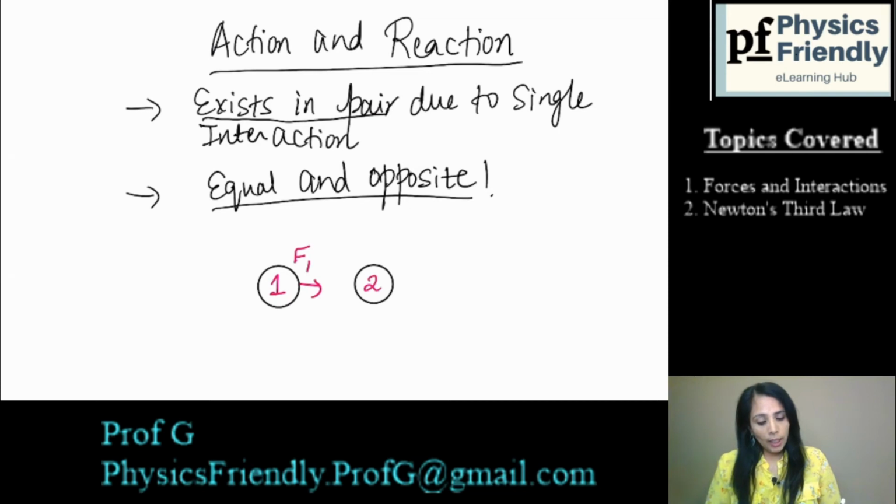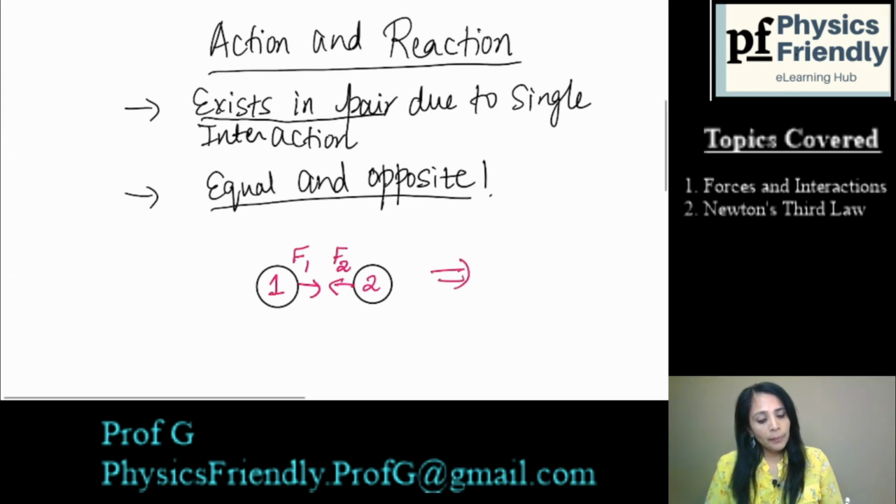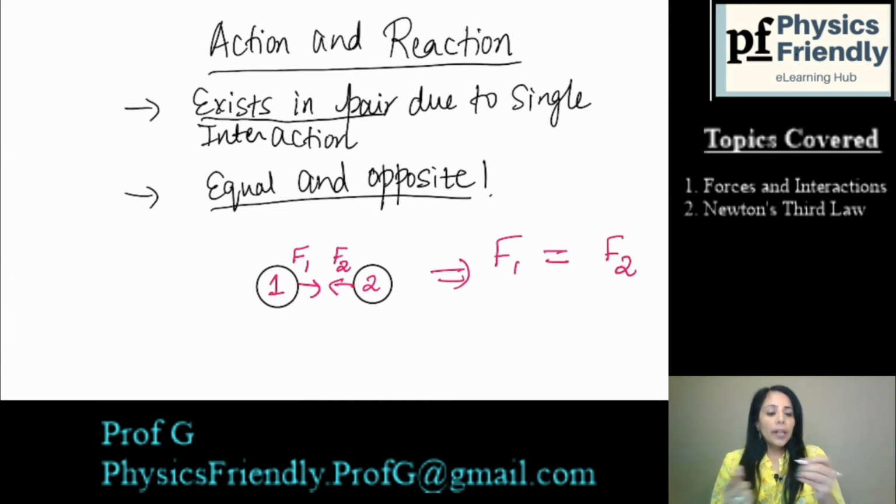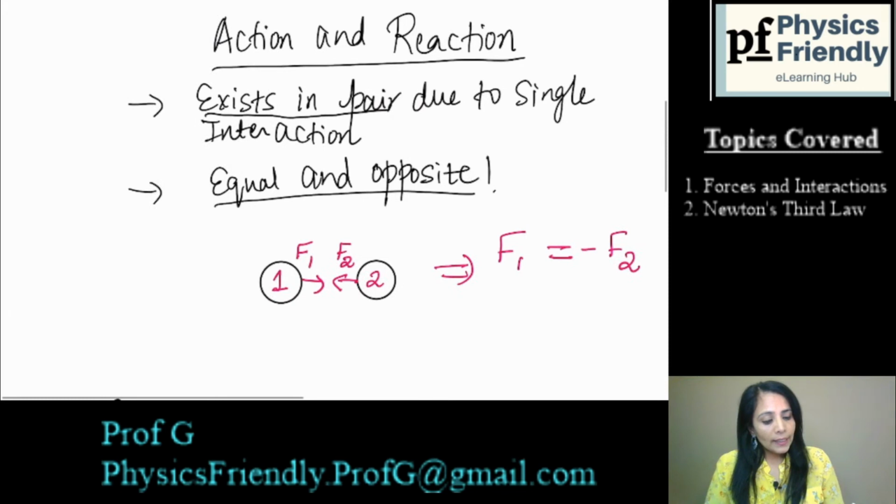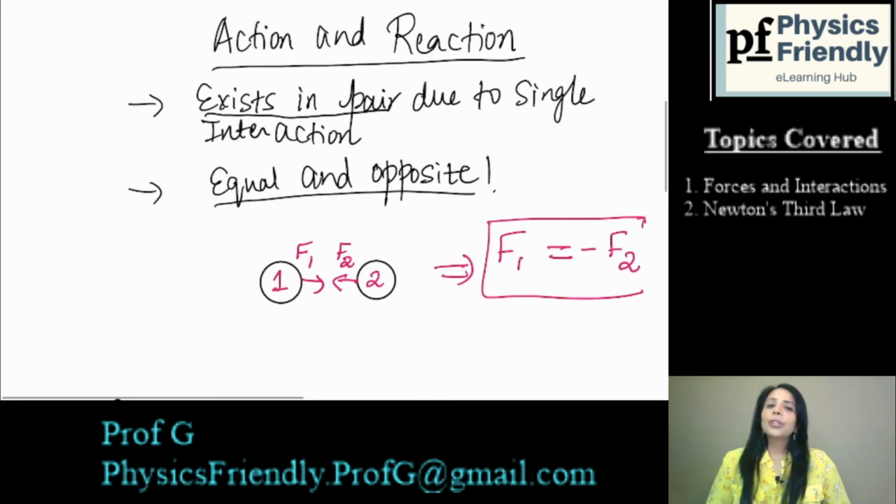From Newton's third law, object 2 also exerts an equal force but in the opposite direction. I'm going to call this F2. So in equation form now, F1 and F2 are equal in magnitude but opposite in direction, and this is the equation form for Newton's third law.